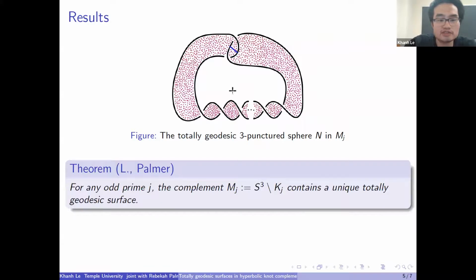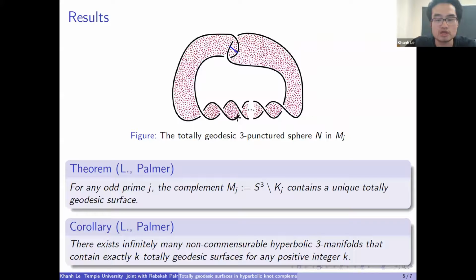And our main result says that this three-punctured sphere N is the unique totally geodesic surface in M_j for any j. Using some covering tricks, we also construct examples of hyperbolic 3-manifolds with exactly k totally geodesic surfaces for any positive integer k.